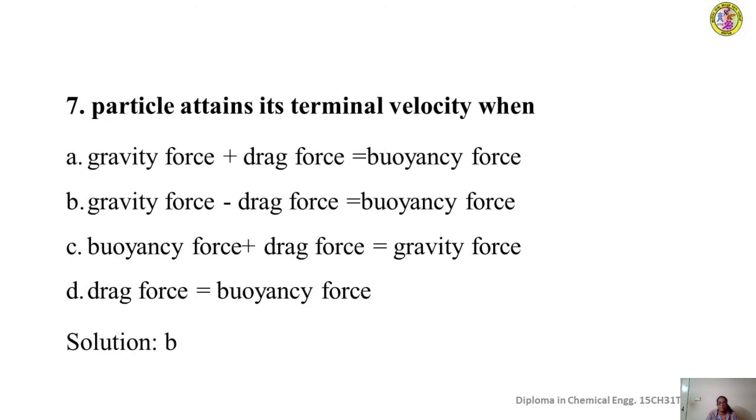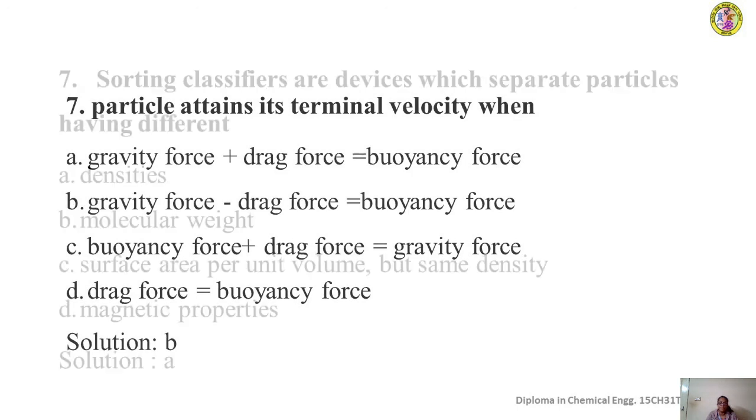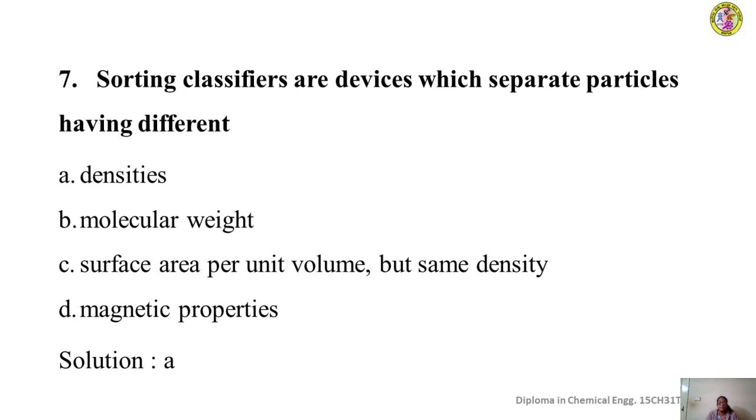Particles attain their terminal velocity when the gravity force minus drag force equals buoyancy force. So the second option is the right option for this question. Sorting classifiers are devices which separate particles having different densities. Option A is the right answer.